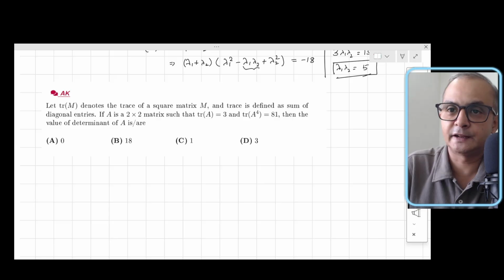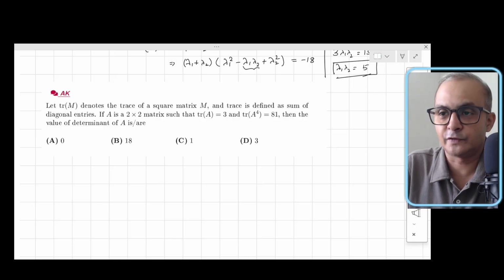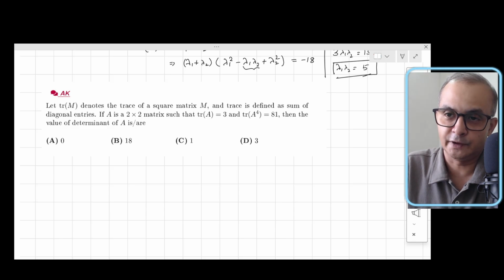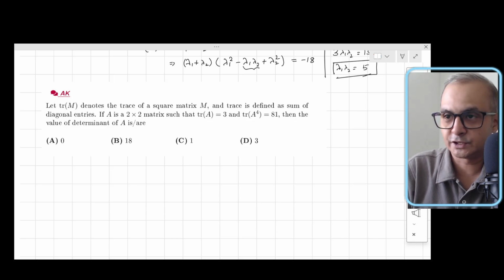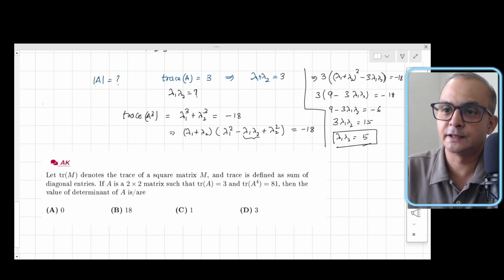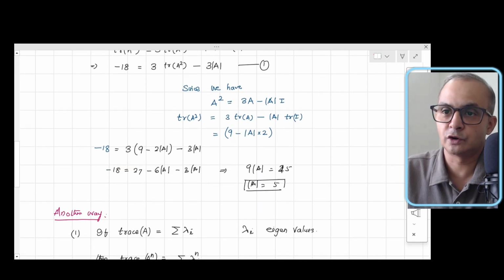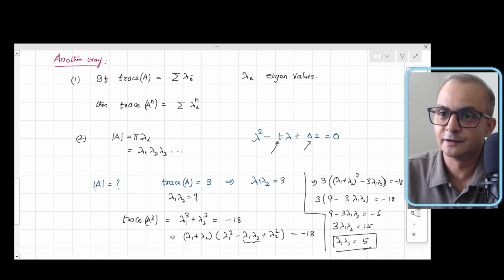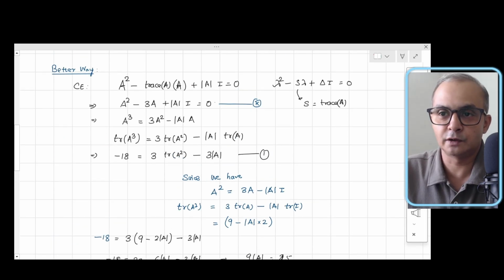The question says that if A is a matrix of 2 by 2 order whose trace is 3 and the trace of A to the power 4 is 81, then we have to find the determinant of A. Let's try. We can apply method 1, method 2 or method 3.